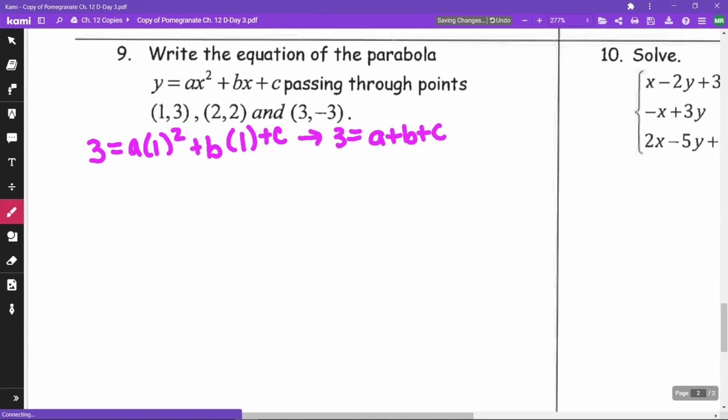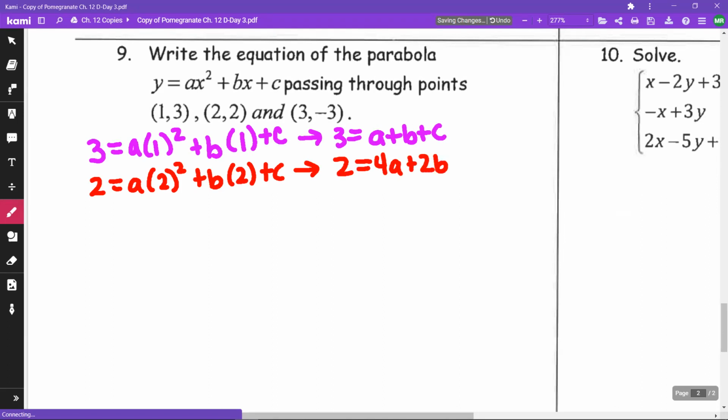My second point, 2 equals a times 2 squared plus b times 2 plus c, which is 2 equals 4a plus 2b plus c.